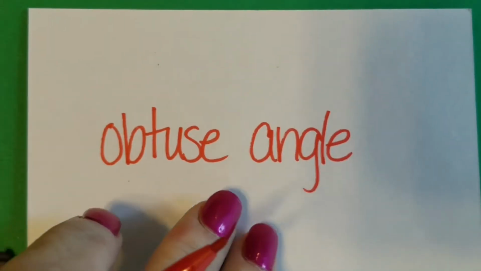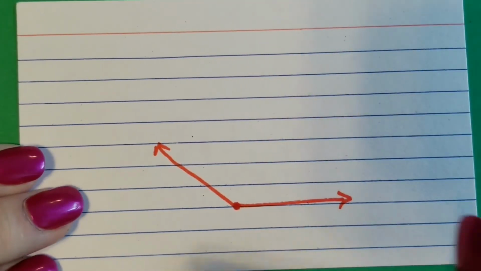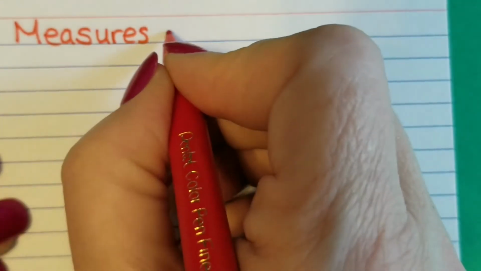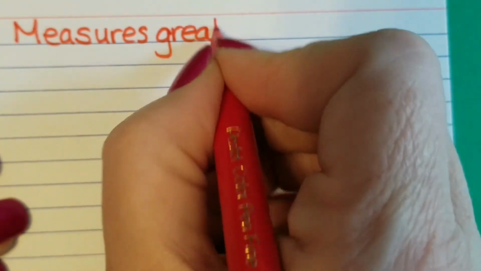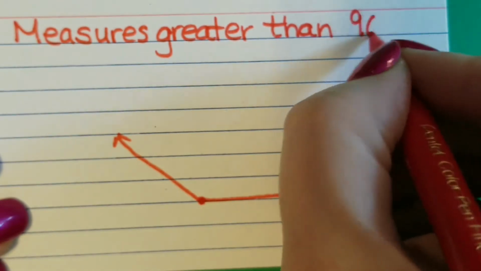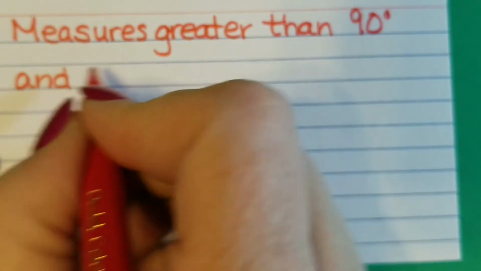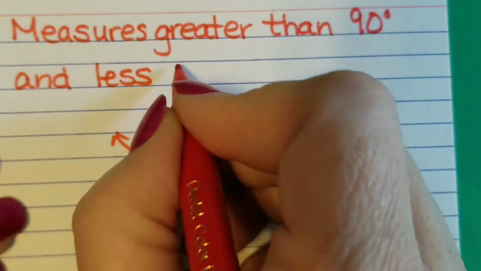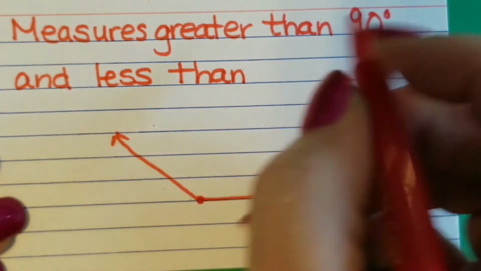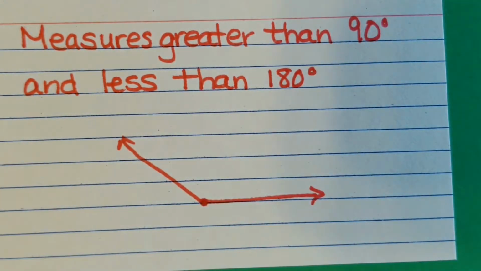An obtuse angle measures between 90 degrees and 180 degrees, and can look something like that.